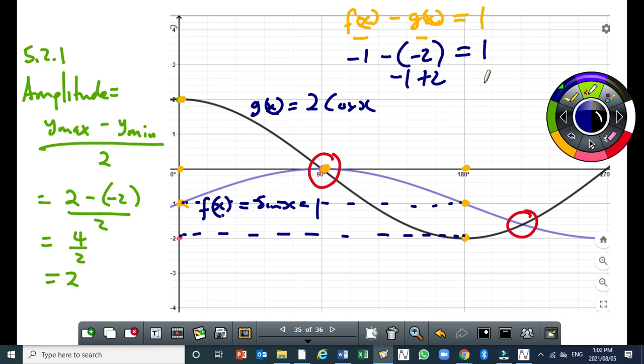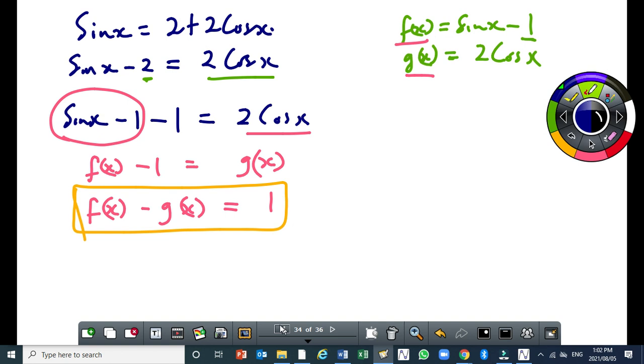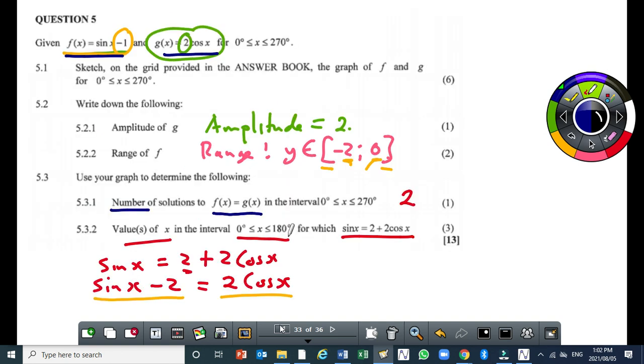Therefore, we only have one solution for that question. So the answer for this question is x is equal to 180 degrees. And I'll show you the working out.